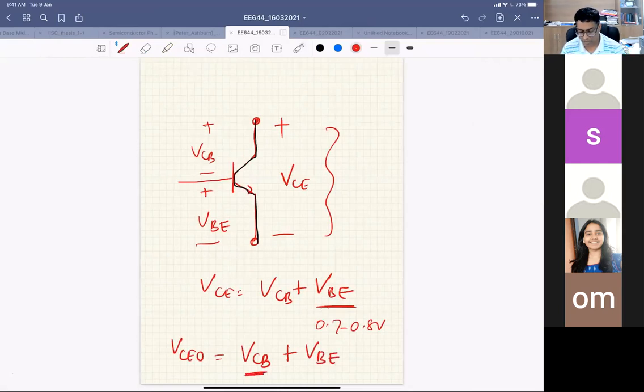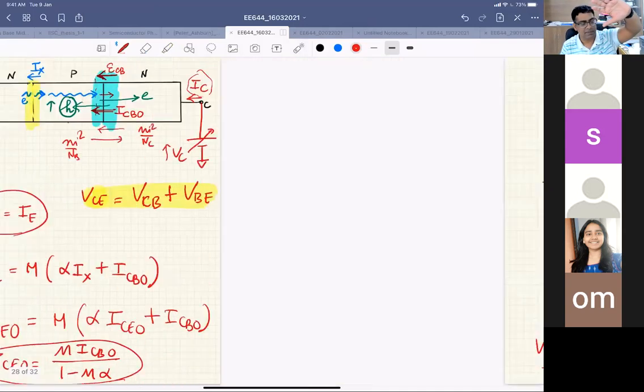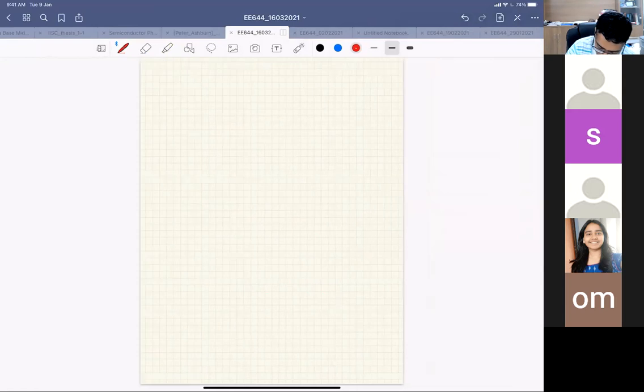There will be some collector voltage at which my VCEO happens. As I go on increasing collector voltage, at some point your IC or IE becomes very large. That is my VCEO point. That voltage is definitely more than VBE, because VBE is around 0.7 to 0.8 volt, so I could write VCEO is nothing but VCB approximately.